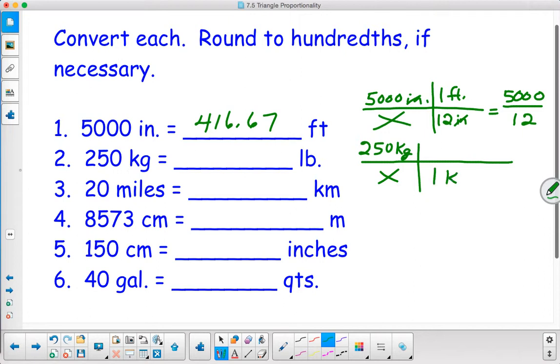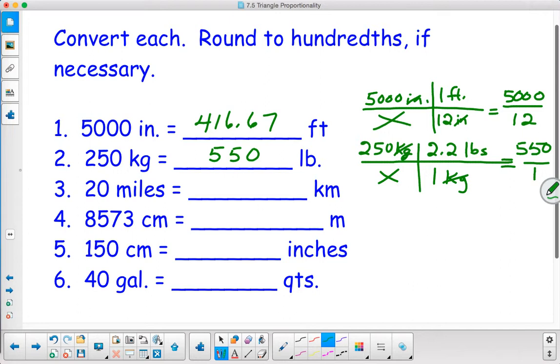So 1 kilogram is 2.2 pounds. Kilograms will cancel. So again, it's a multiply. 250 times 2.2 is 550. Notice the denominator is just 1. So when I divide by 1, it doesn't change it. 550 pounds.